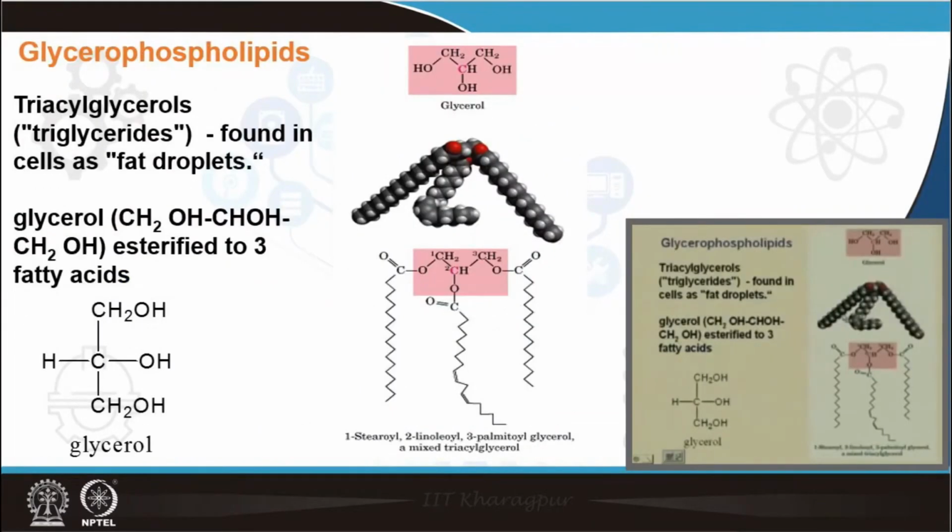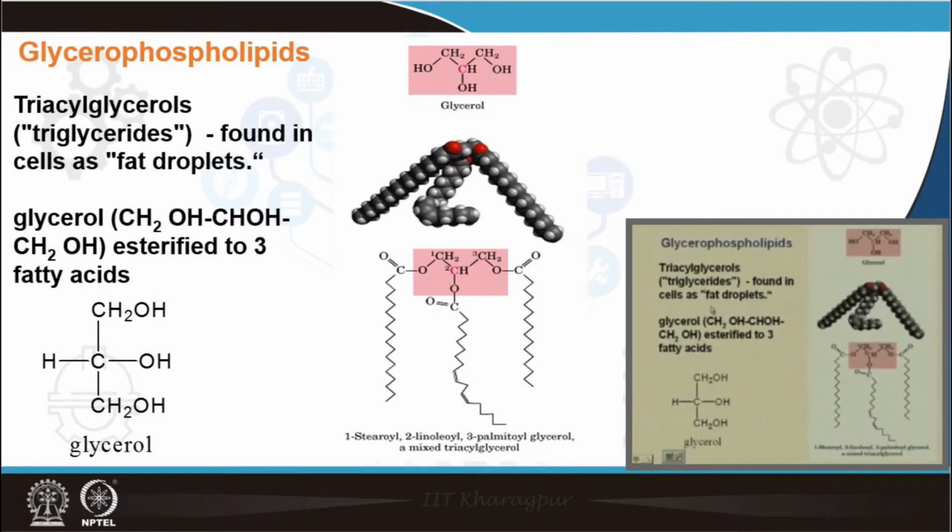So, what happens? We have our glycerol. In this case, the one that I show you here is triacyl glycerol, which is what comprises the fat droplets that we have in cells. There are triacyl or triglyceride tests that have to be performed in blood to see whether you have an appropriate triglyceride content.